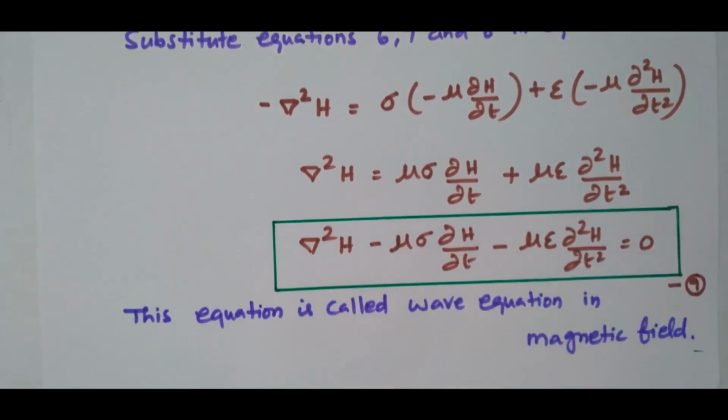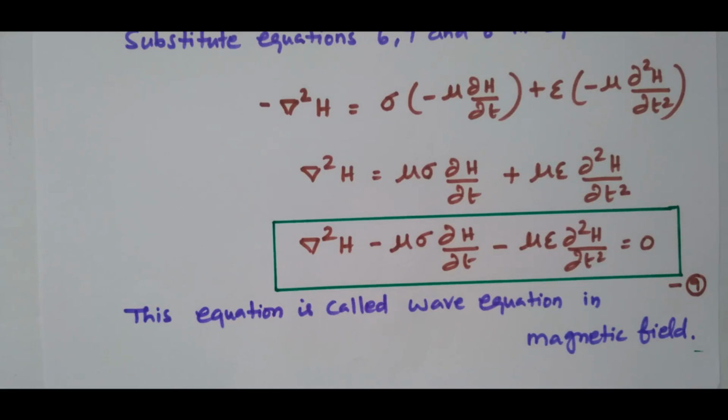Take this as equation number 9. This equation is called the wave equation for the magnetic field intensity. We already discussed the electric field, so now we have the wave equation for both the electric field and the magnetic field.